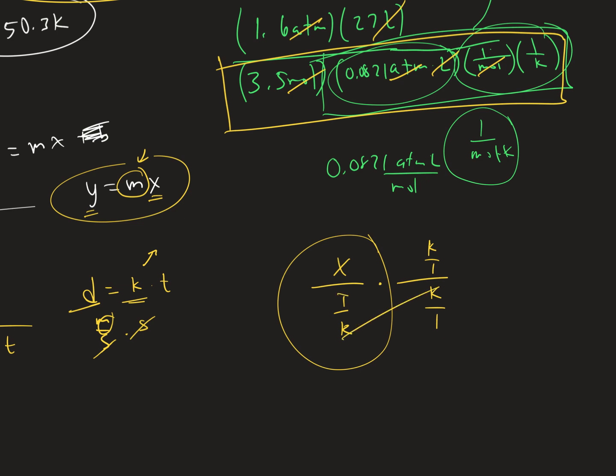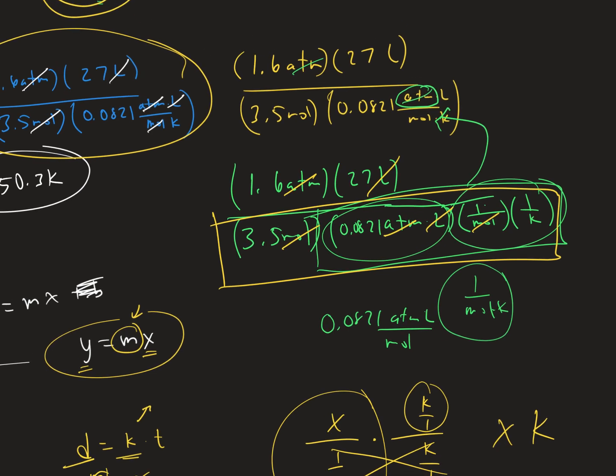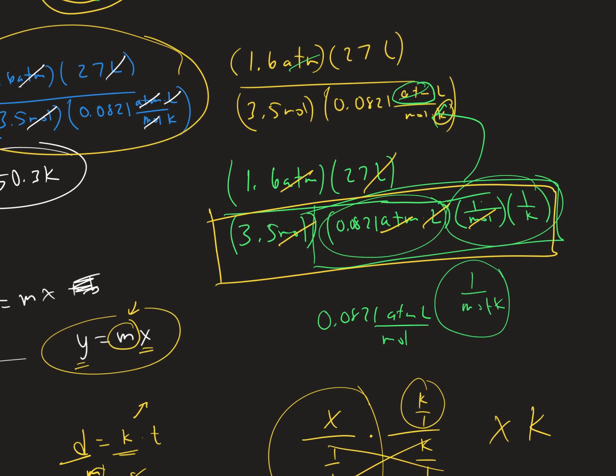When we choose that one so that it cancels those, we just flipped it and multiplied by it, right? That's why we can. And so our answer is going to be in Kelvin, even though Kelvin is on the bottom of the denominator, so we flip and multiply it. Was that your question?